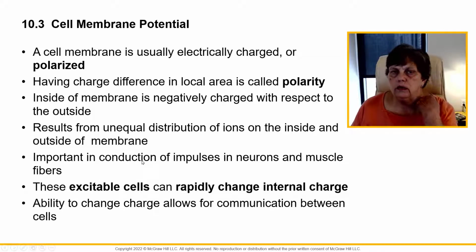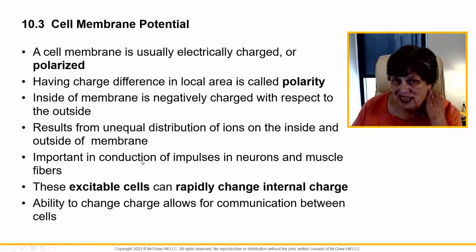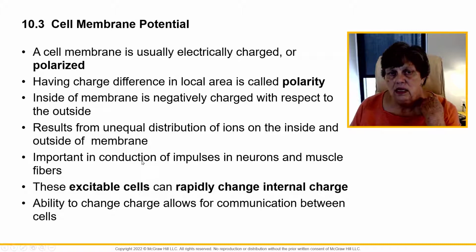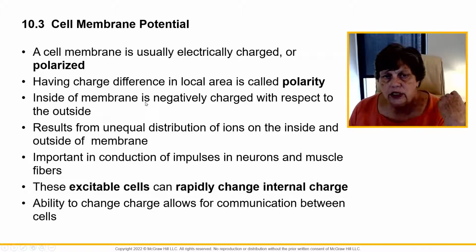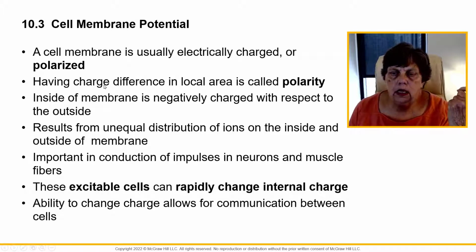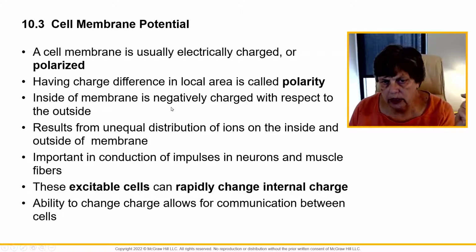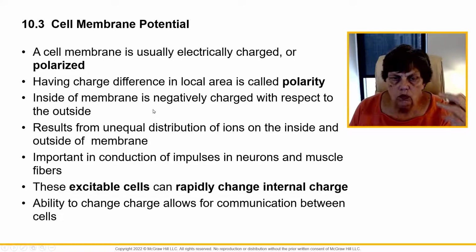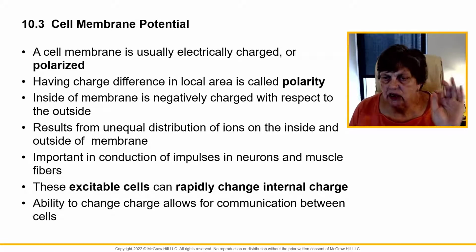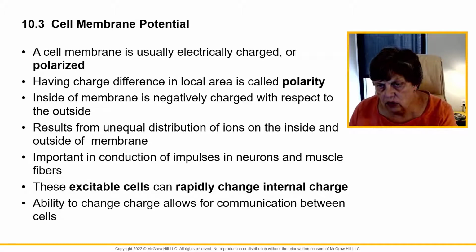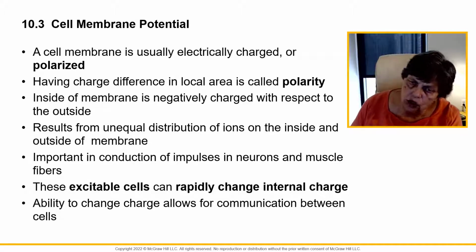All right, so let's look at this membrane potential. Basically, the cell membrane is electrically charged, or what we call polarized. And basically, if you have a charge difference in an area, it is called polarity. The general rule is the inside of the cell is more negatively charged than the outside.